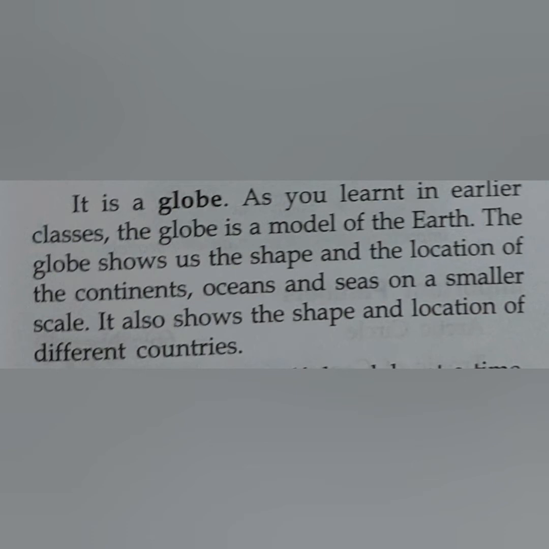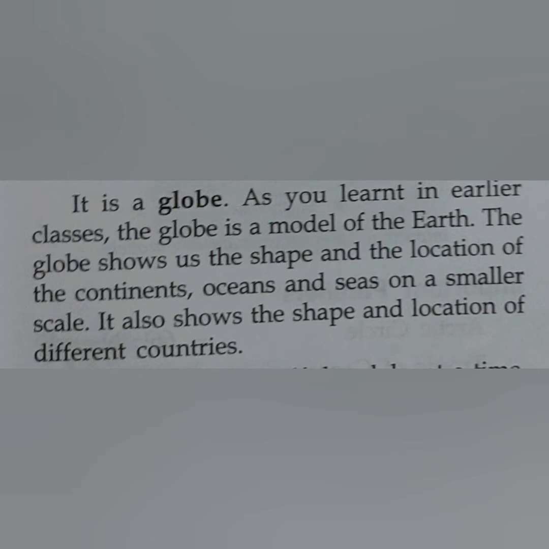You know students, it's not possible to see the whole Earth with your open eyes. So we have the model of the Earth that is known as a globe. It is a small model of the Earth and it shows us the shape and location of countries, oceans, seas on a smaller scale.